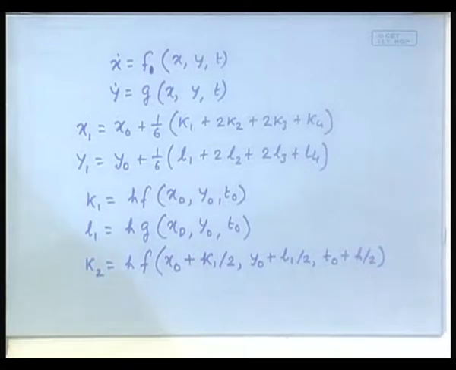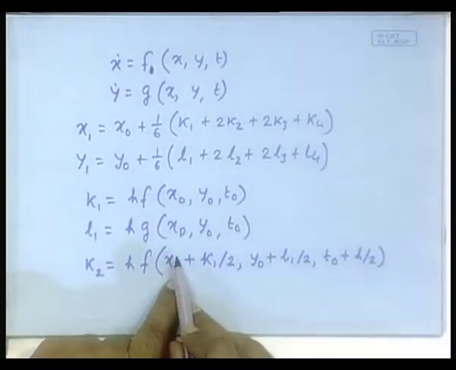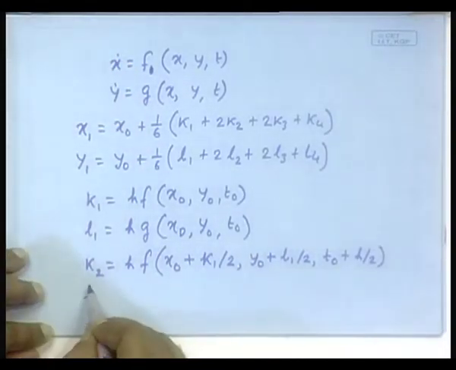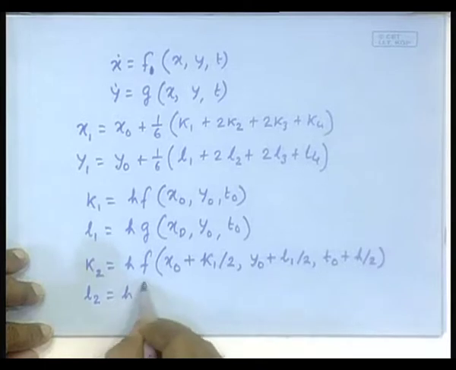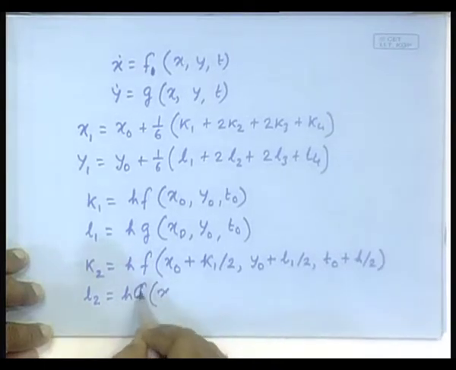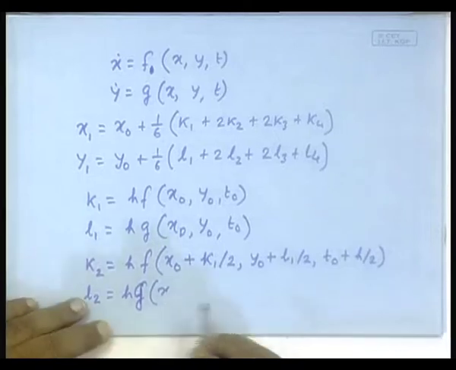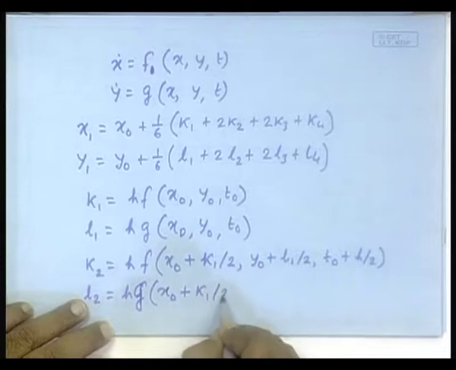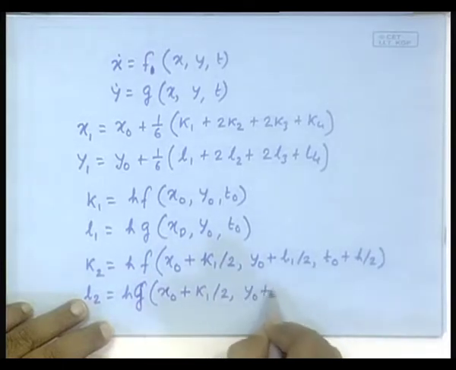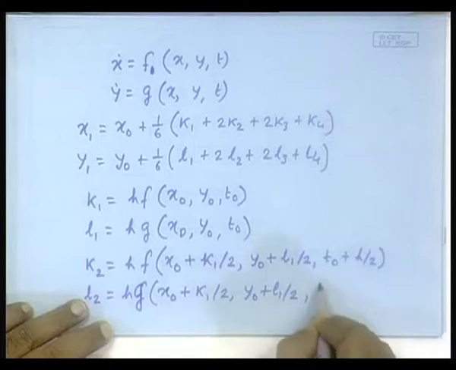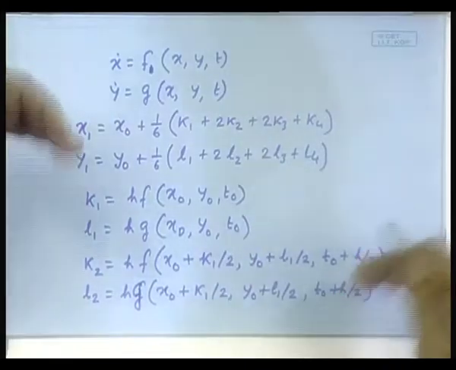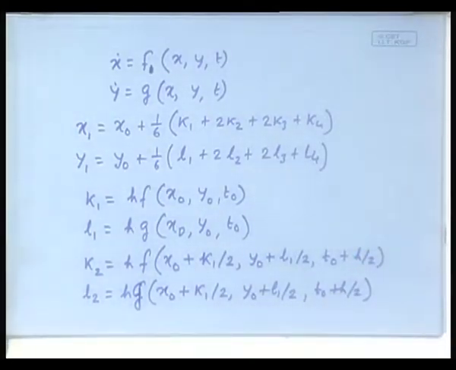So, the conceptual change is that while you are changing this, the y has to also be changed to the next step. Similarly, L 2 is equal to h g of x naught plus k 1 by 2, y naught plus L 1 by 2, t naught plus h by 2. Okay. Next step goes in exactly the same way. Fine.